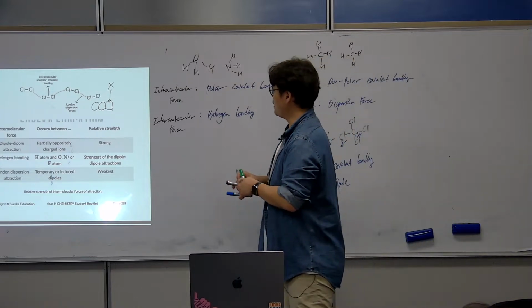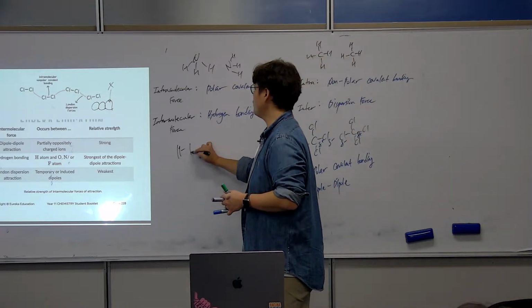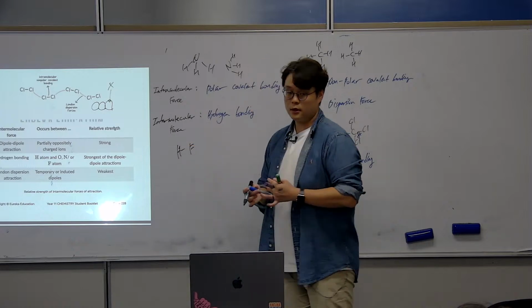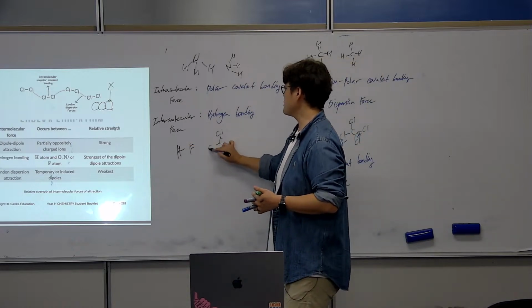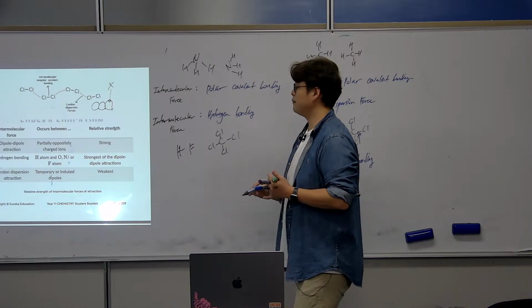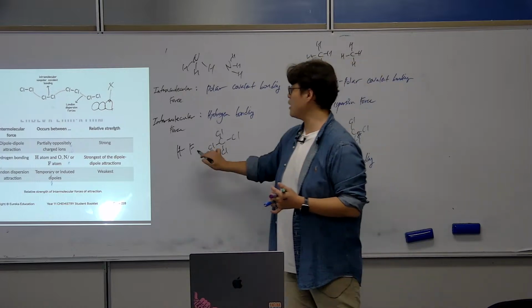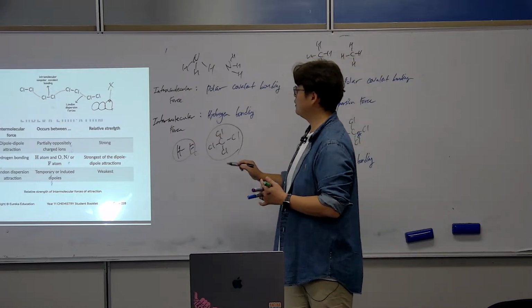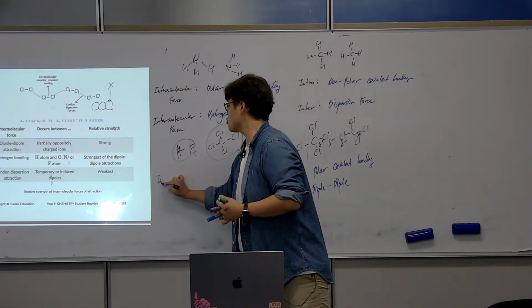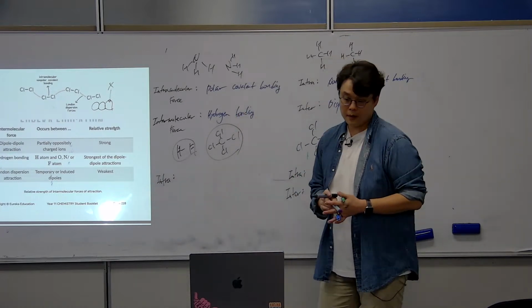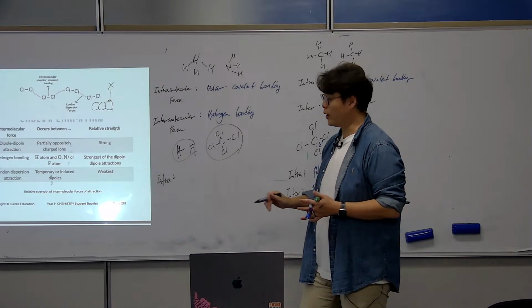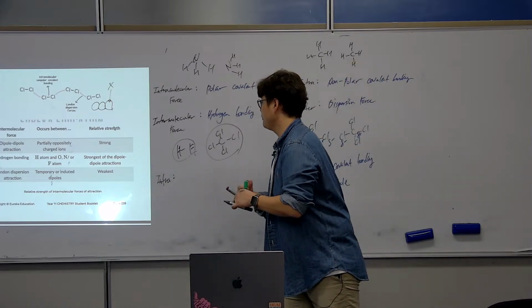What about this one? We have hydrogen fluoride, and then we have carbon tetrachloride. So these two are interacting now. What would be the intra? Polar what? Polar covalent. Good.